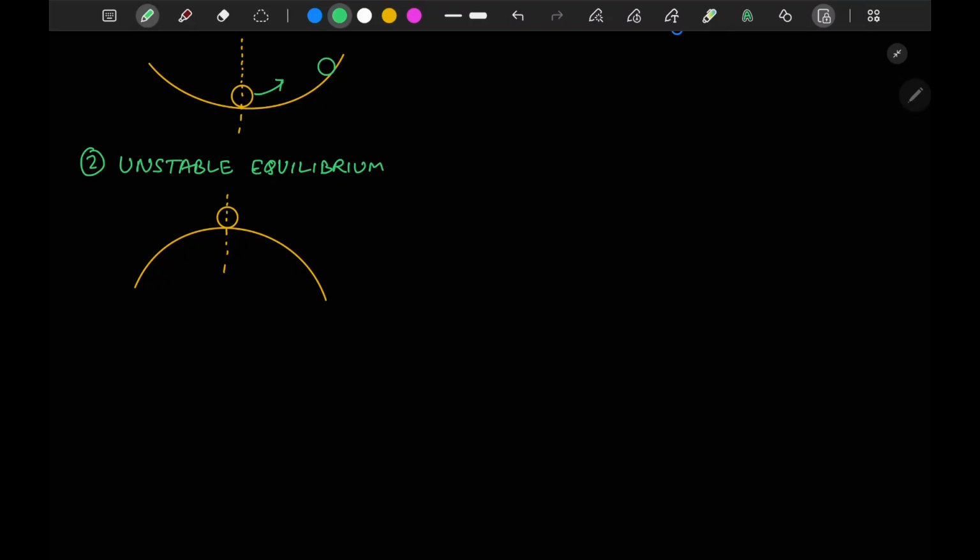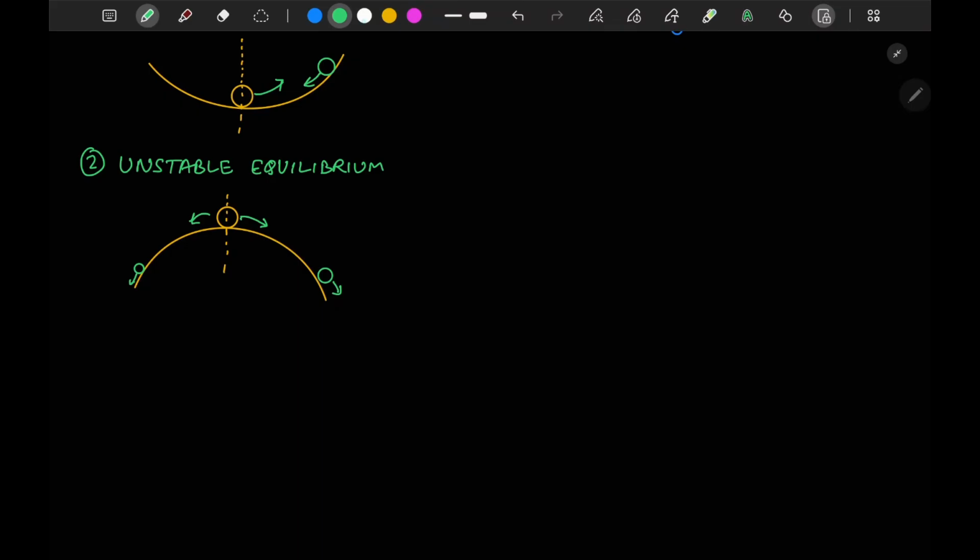Now if we move the ball on either side, what will happen? Your ball will continue to fall. On either side, if we move it, it will continue to fall.